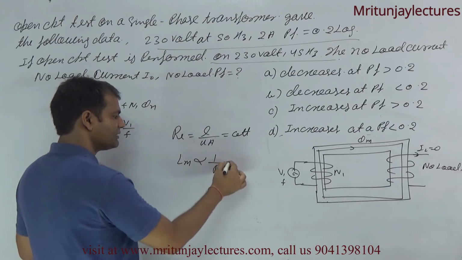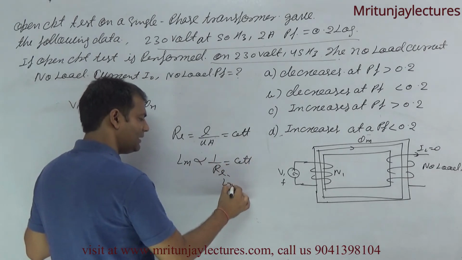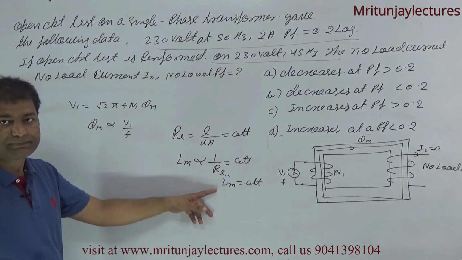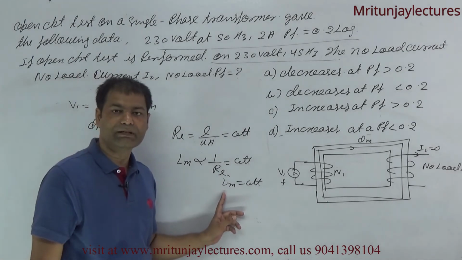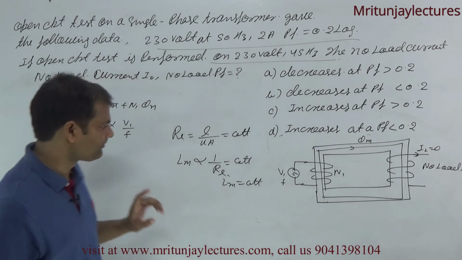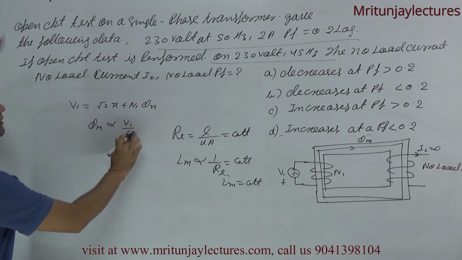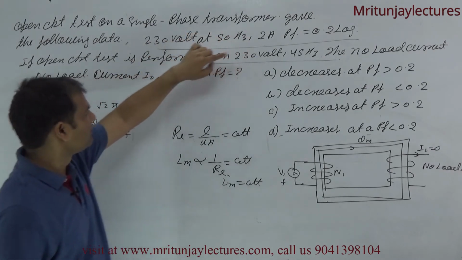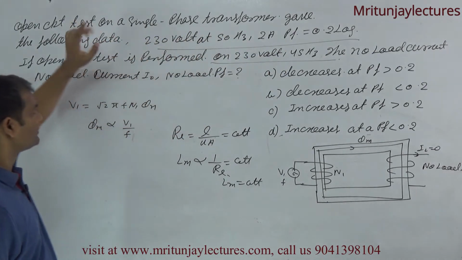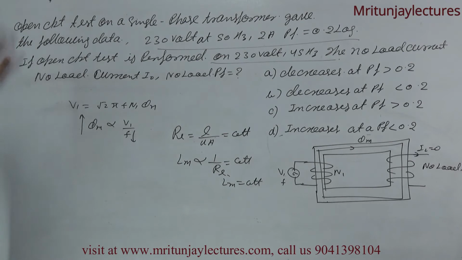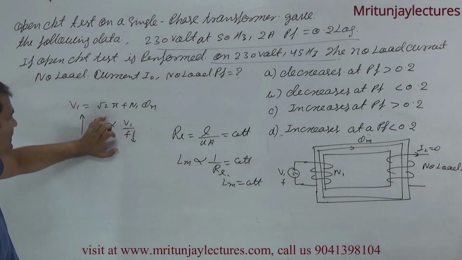If reluctance is constant, then Lm is also constant. That is mutual inductance is constant. Is it clear? Now, but here frequency decreases from 50 to 45. So frequency decreases. What about phi m? It increases.